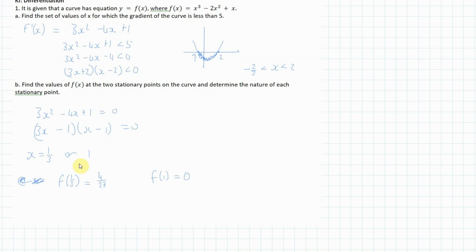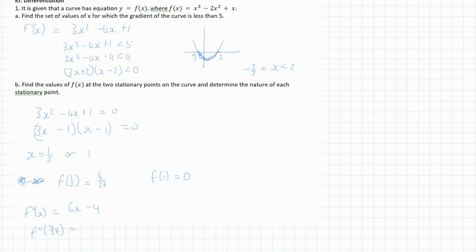And now to determine the nature, so we can do the second derivative, which is simply 6x minus 4, and we just pop these in. So f double prime, oh, not that.